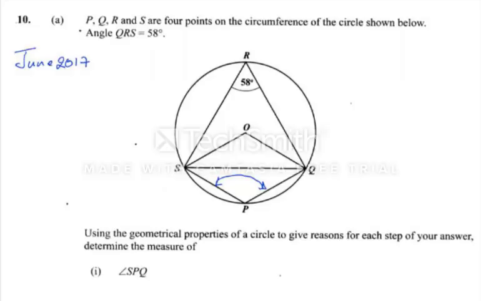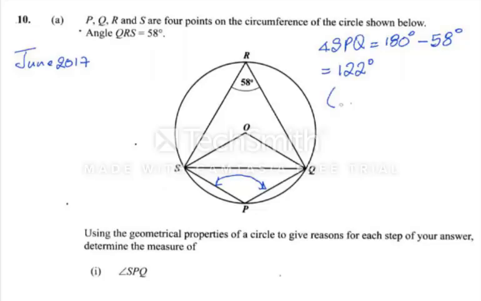Opposite angles of a cyclic quadrilateral are supplementary. So opposite angles, the angle at P and the angle at R are supplementary, that is, they add up to 180 degrees. So angle SPQ would be equal to 180 degrees minus 58 degrees, and that would be equal to 122 degrees.